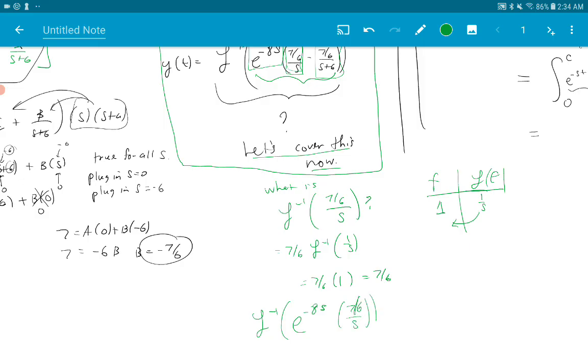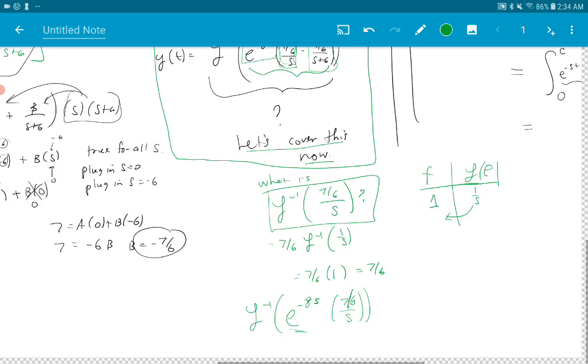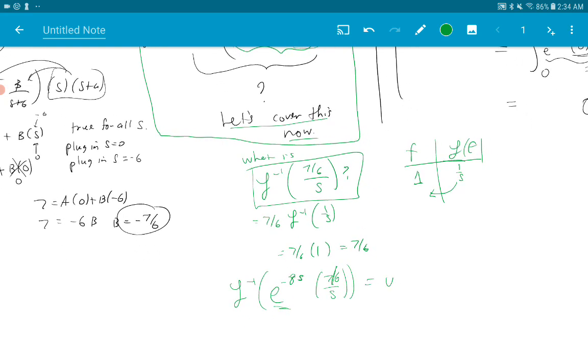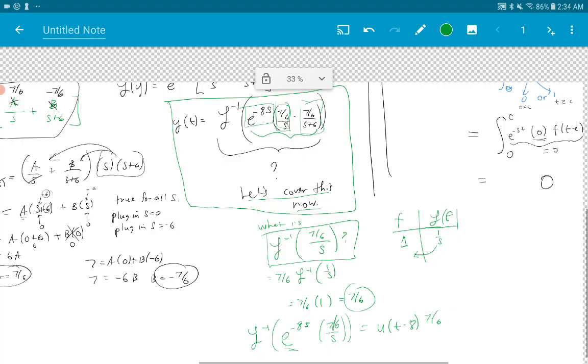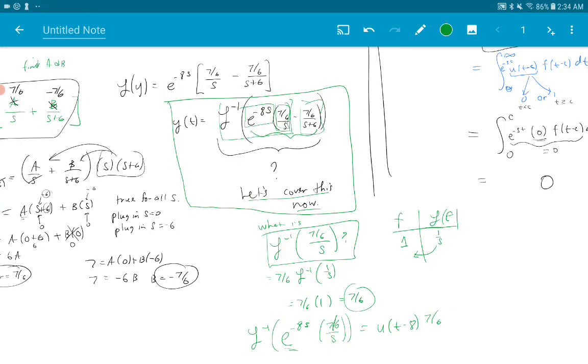Well, the only difference when it has that e to the negative 8s is it would be u of t minus 8 times this 7/6. Okay, so there's the first piece. We just undid the Laplace transform of the first of these two terms.